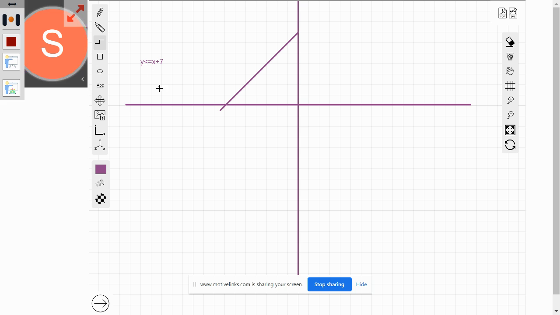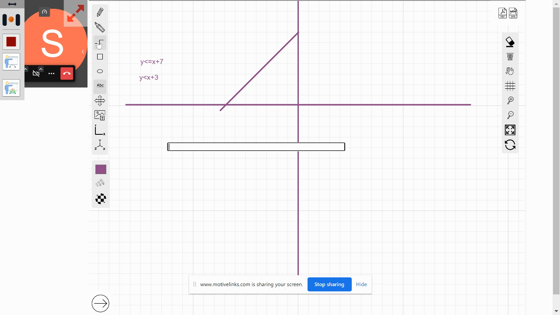Now, if it's only something like, let me get a text box and do y is less than x plus 3. Since it's less than and it doesn't have an "or equals to," it's gonna be a dotted line. So think of it like this: "or equals to" is solid, and no "or equals to" is a dotted line.